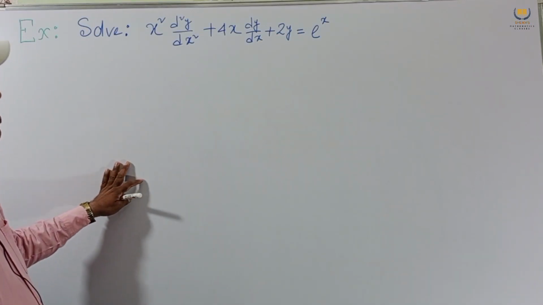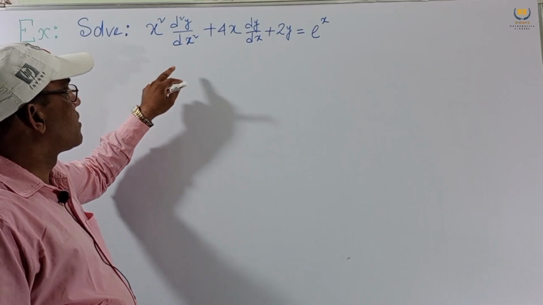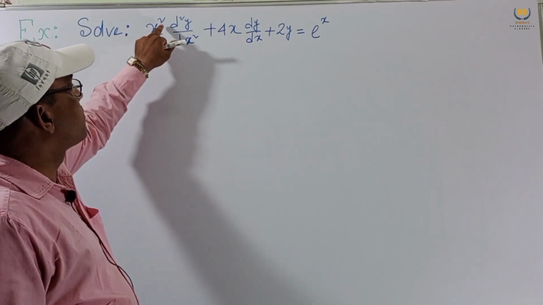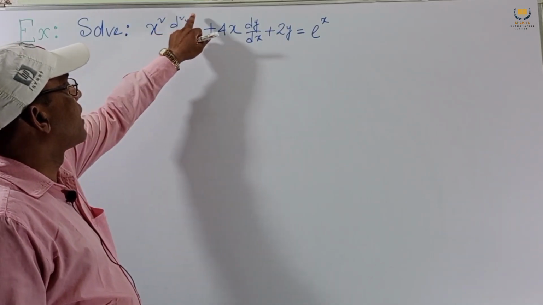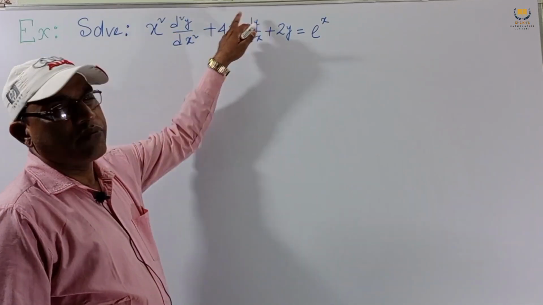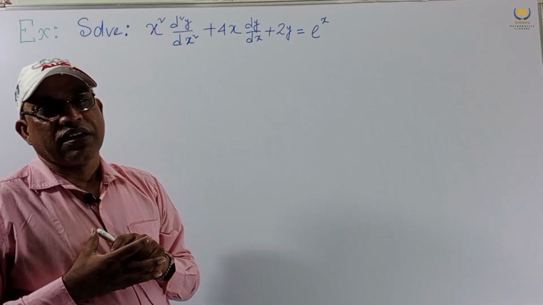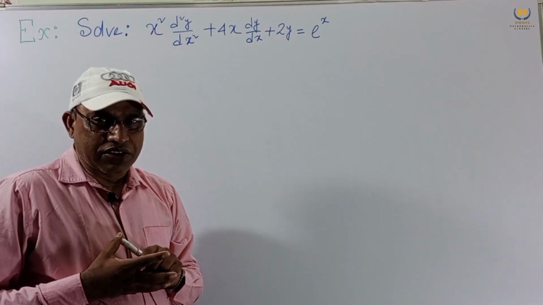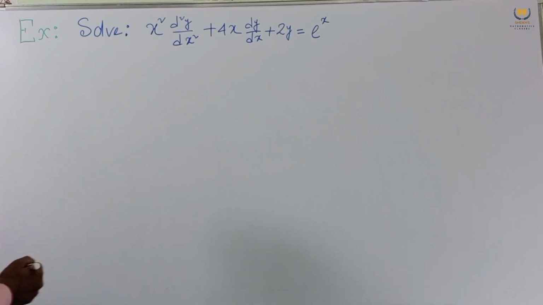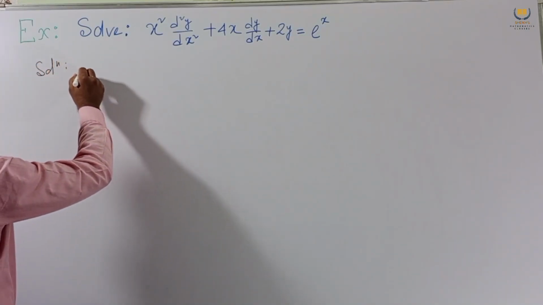How could we know this is a homogeneous differential equation? Because here x to the power 2 goes with order 2, and x to the power 1 with order 1. If we get this type of equation, this is a homogeneous differential equation.